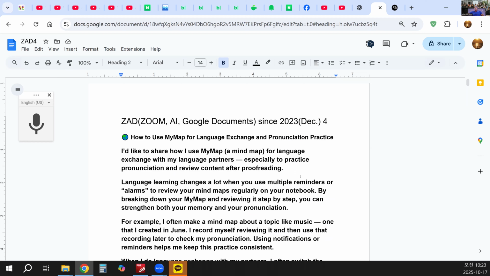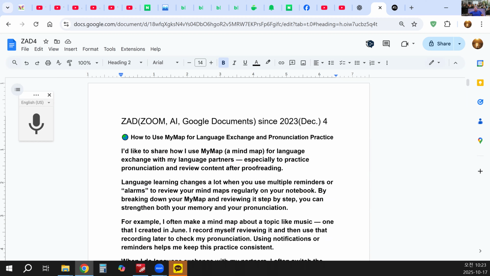How to use MyMap for language exchange and pronunciation practice. I'd like to share how I use MyMap for language exchange with my language partner, especially to practice pronunciation and review content as a good reading. Language learning changes a lot when you use reminders or alarms to review your mind map regularly on your notebook.